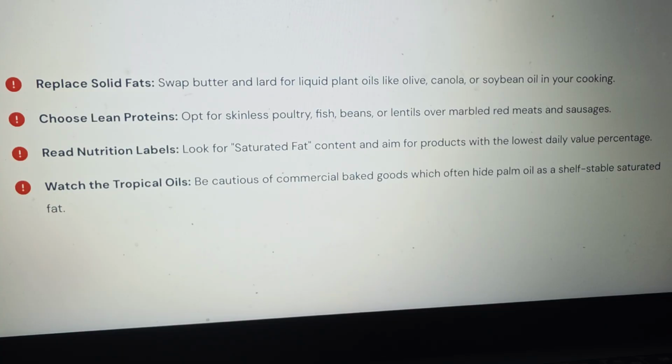Choose lean protein: opt for skinless poultry, fish, beans, or lentils over marbled red meat and sausage. Read nutrition labels: look for saturated fat content and aim for products with the lowest daily value percentage. Watch the tropical oil: be cautious of commercial baked goods, which often hide palm oil as shelf-stable saturated fat.